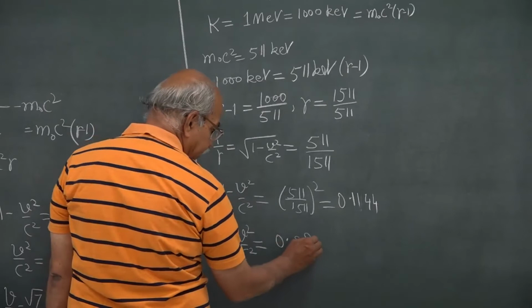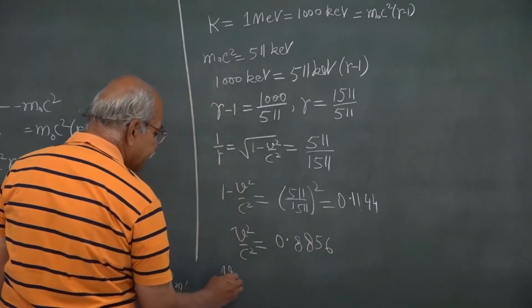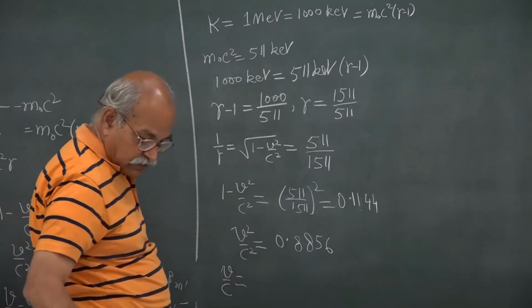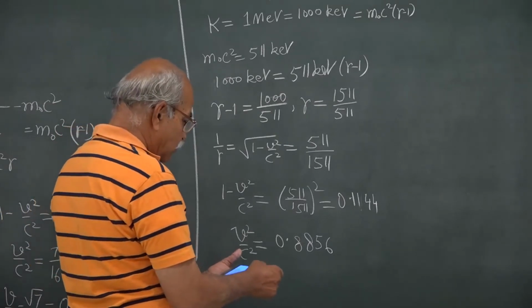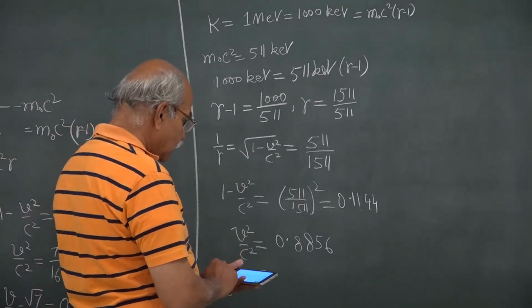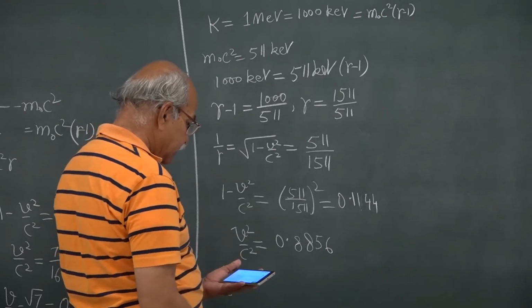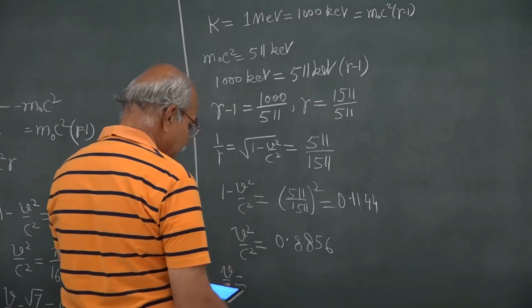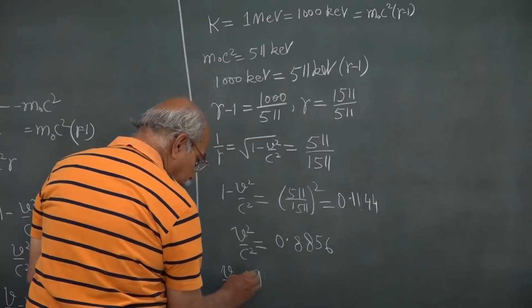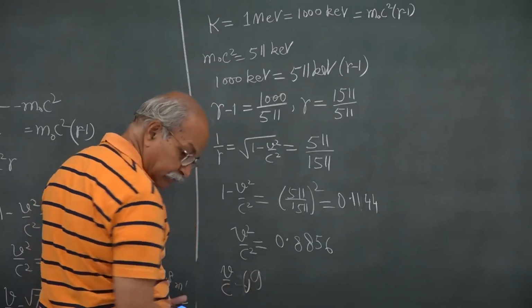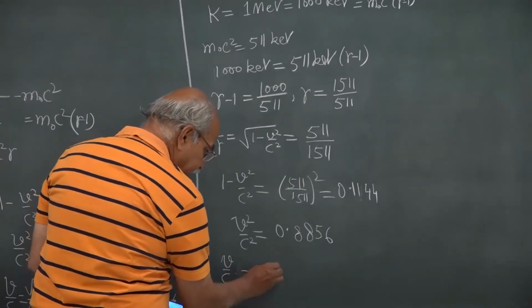Therefore v square by c square is 1 minus this quantity. So it will be 0.8856. So you can write v by c as the square root of this. Square root of 0.8856 is like 0.941, so 0.94.